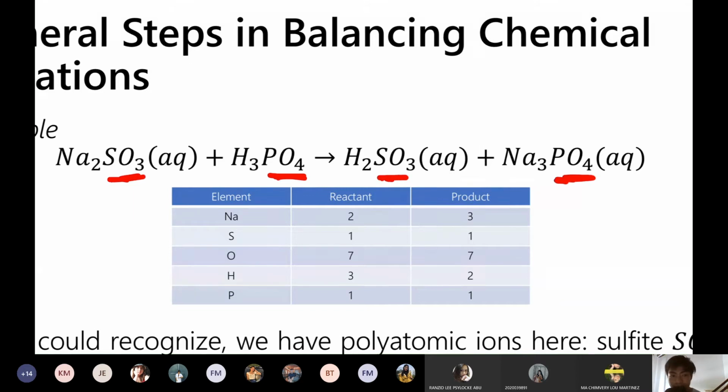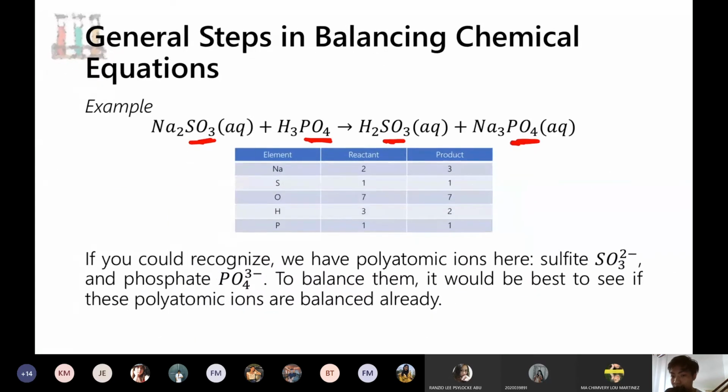So, mapapansin natin, ang SO3 ay parehas sa reactant and the product side. Ang PO4 ay parehas sa reactant and the product side na. So, yun yung sinasabi ko, when you recognize polyatomics, you check kung ano yung similar sa reactant and product side, okay? So, that's one way.